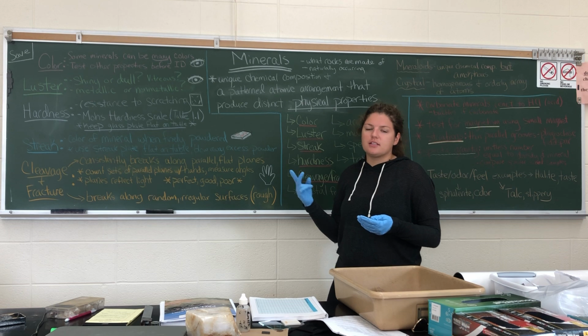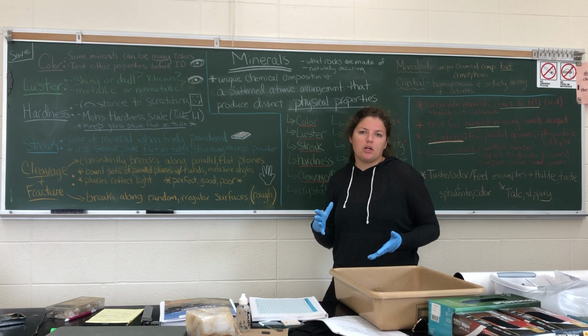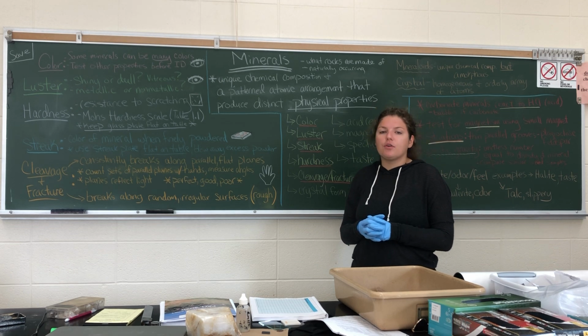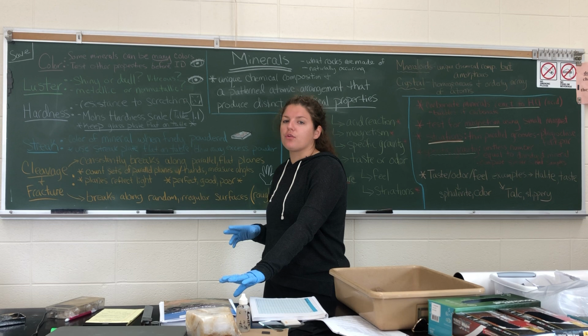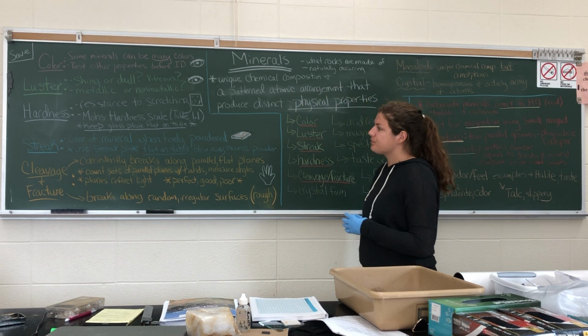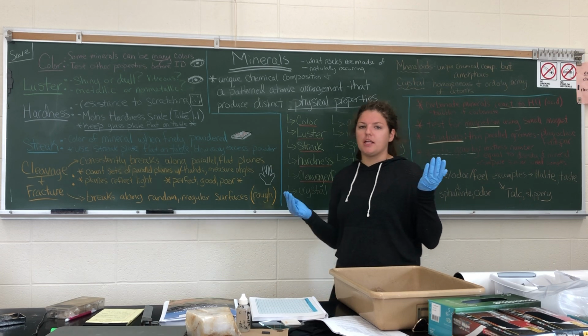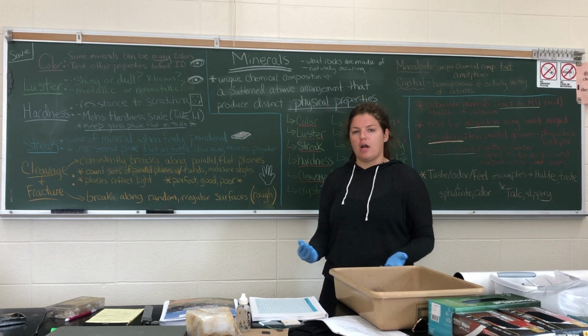Is it vitreous? Is it dull? Is it earthy? Is it soapy maybe looking? There's many different ways to describe luster, and again, in your lab manual, they walk through many different luster terms that you can use. The biggest thing is that I want you to get used to determining whether a mineral is metallic or non-metallic.